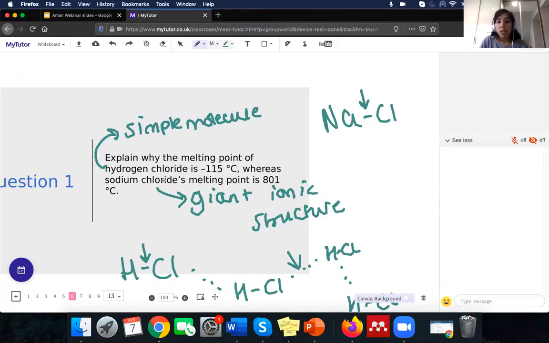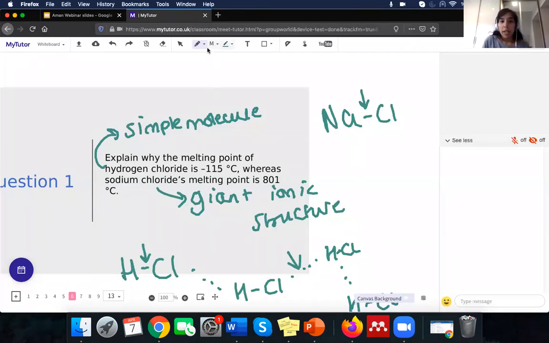Someone is saying, I don't understand, is simple molecule the same as covalent bonding? Pretty much most non-metals will form simple molecules when they covalently bond. Covalent bonding is the type of bonding that occurs between two non-metals, and when we covalently bond, we can either form a simple molecule or a giant covalent structure. Most of them will be simple molecules. There are 3 examples of giant covalent structures that we need to know about at GCSE Chemistry: diamond, graphite, and silicon dioxide, which we're going to go on to very soon.